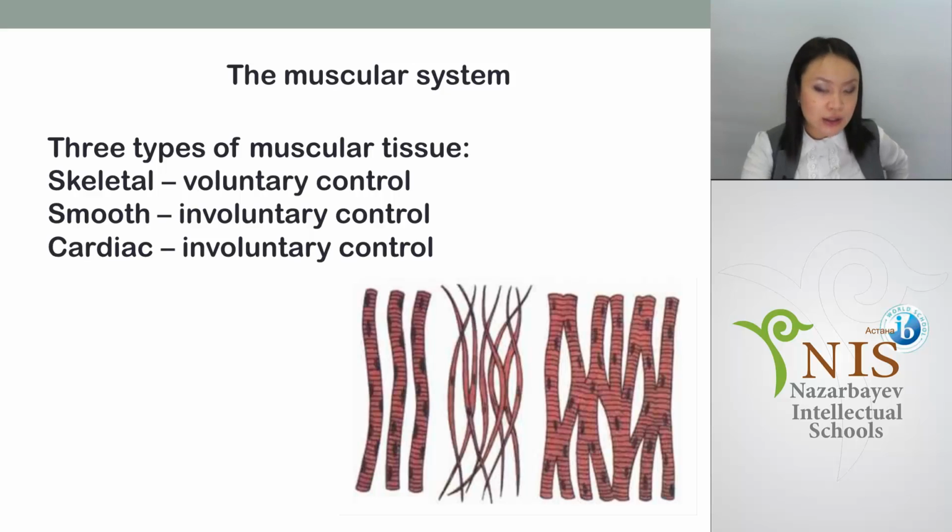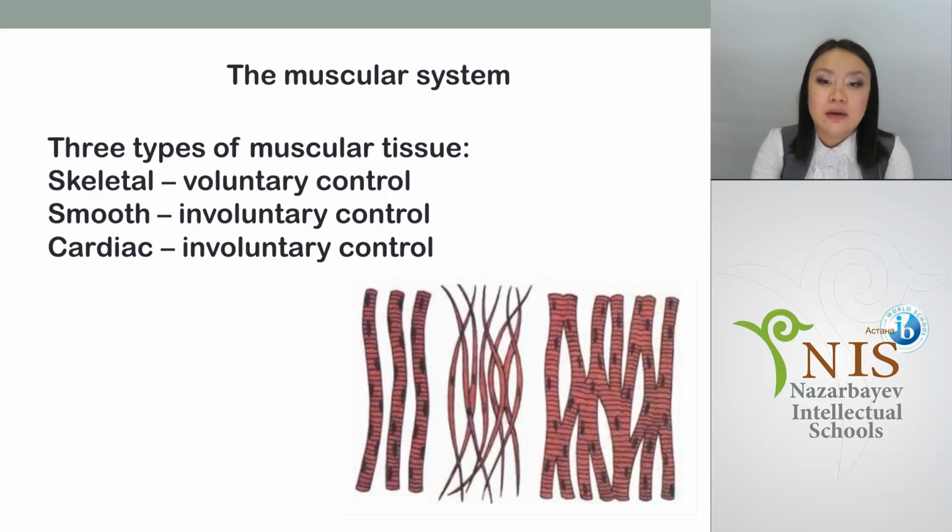Now let's look at the muscular system. There are three types of muscular tissue. First, skeletal muscle, which is voluntarily controlled. Smooth muscle, involuntarily controlled, and cardiac muscle, involuntarily controlled.